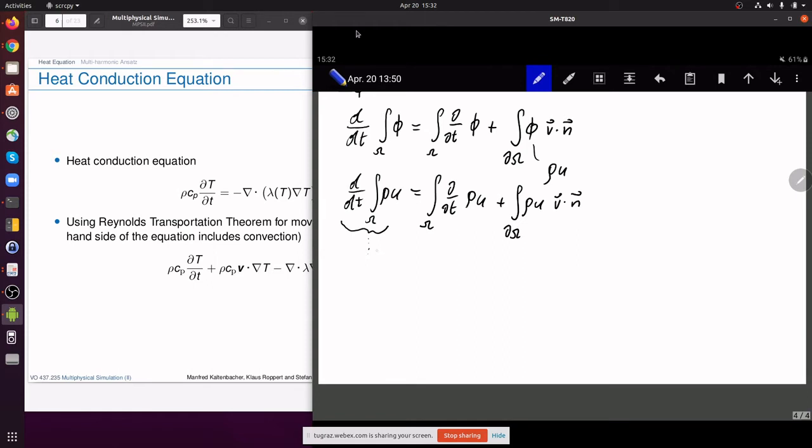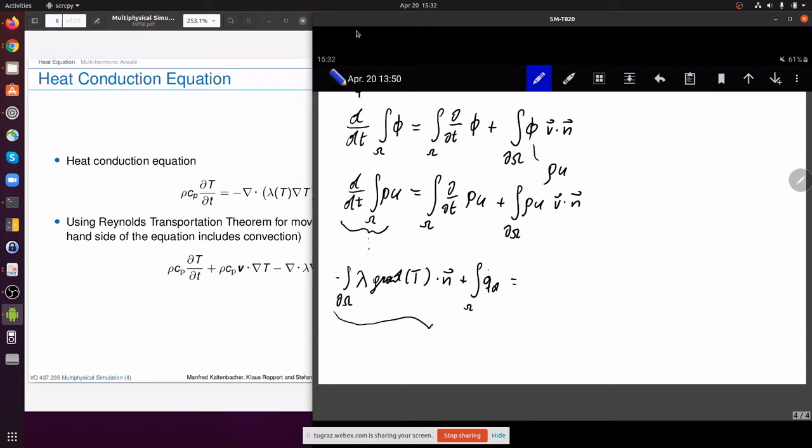We'll use Fourier's law and the caloric law, and then we end up with the following: minus the boundary term lambda gradient T, so Fourier's law in n, so the heat flux density vector at the boundary, plus some volumetric heat sources.